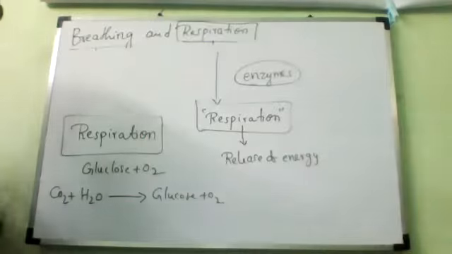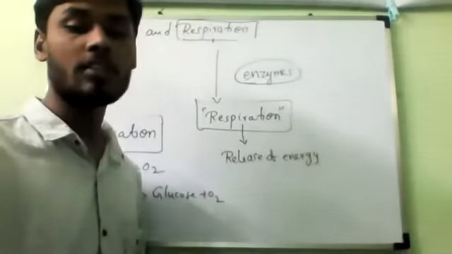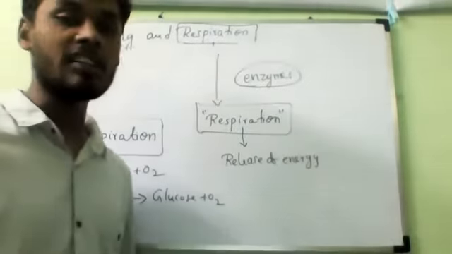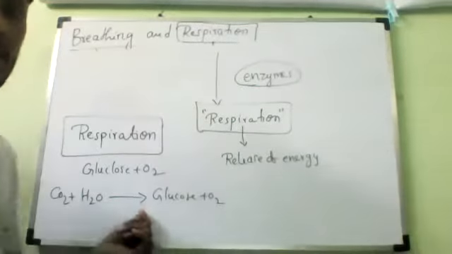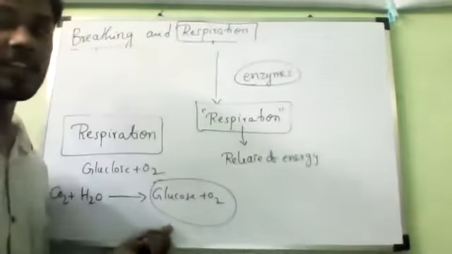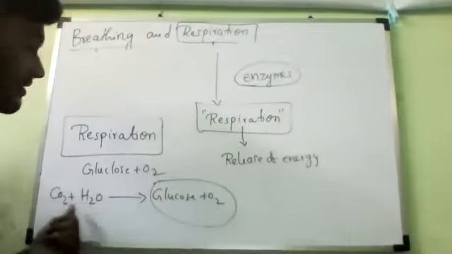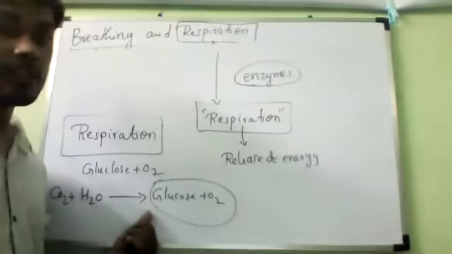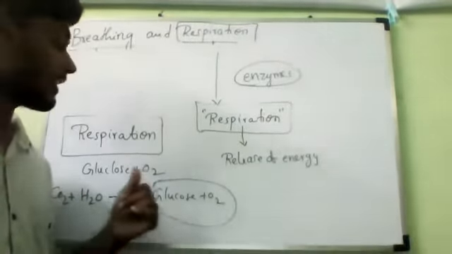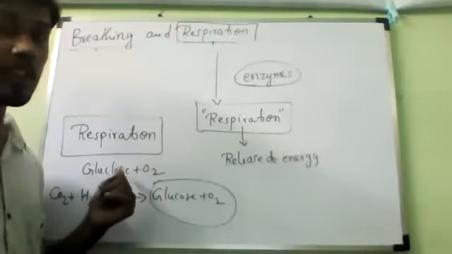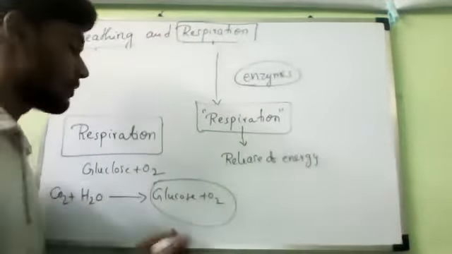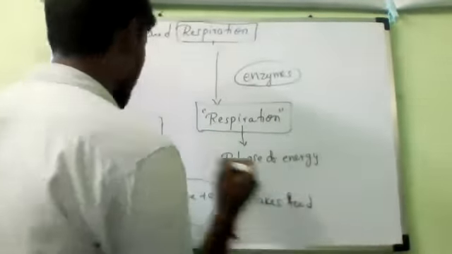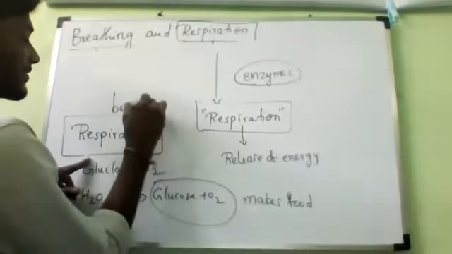Respiration is just the opposite process of photosynthesis. Because in photosynthesis, they make food by using carbon dioxide and water under the sunlight and release oxygen. While respiration breaks food. Photosynthesis makes food, but respiration breaks food.